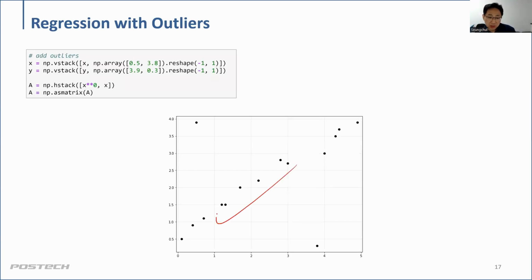So here, the data points are the same as the previous one, 13 data points. And I intentionally add 2 extra data points, which are outliers. I mean, they have nothing to do with the previous data points. We're starting from 13 data points, and now we add 2 more.